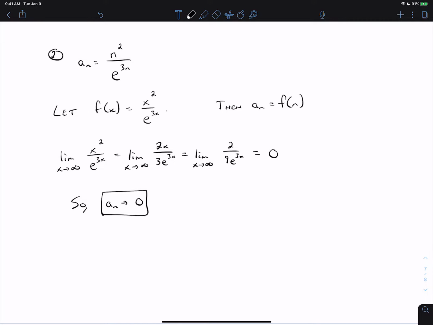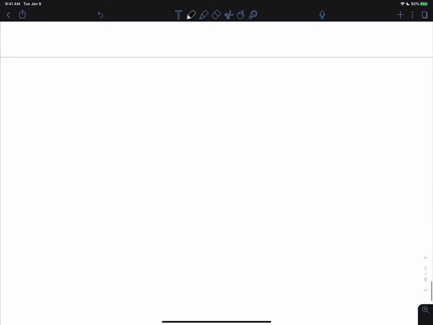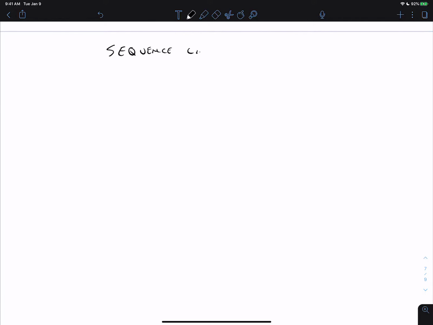Okay, so far, for limits of sequences, we've talked about using dominant terms when you have power functions over power functions, or exponential functions over exponentials.